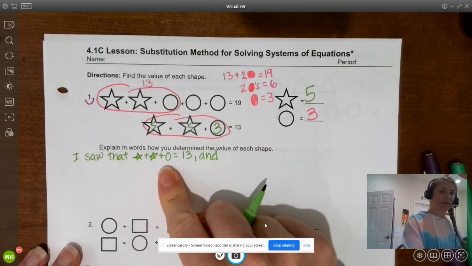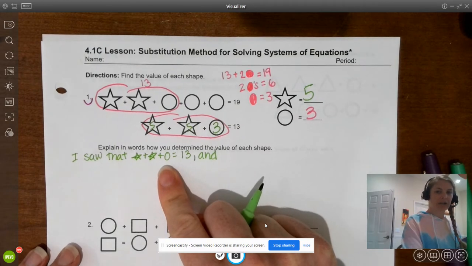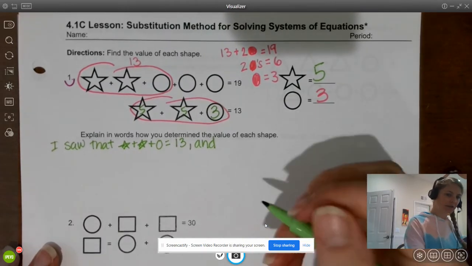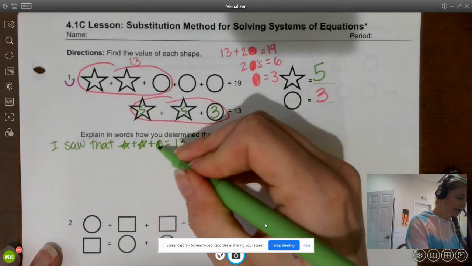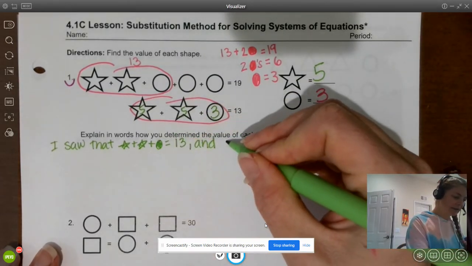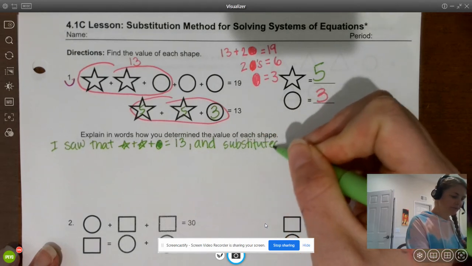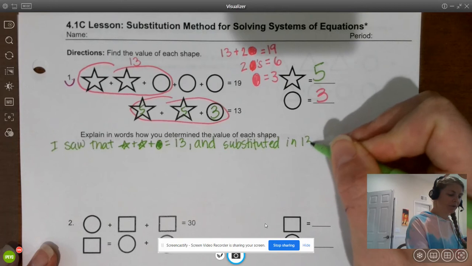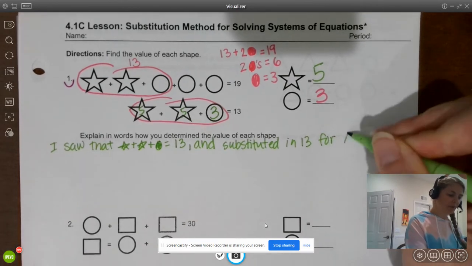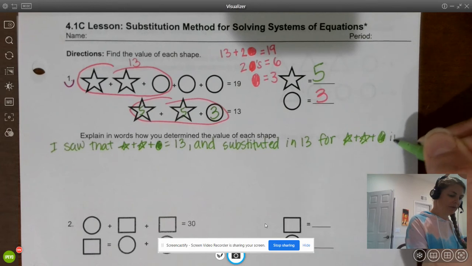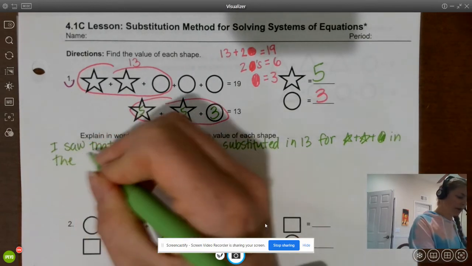And we do want to put that plus there because we're adding these terms, not multiplying them. I saw that star star circle equals 13 and substituted in 13 for star star circle in the top equation.